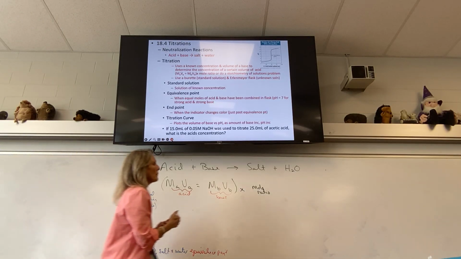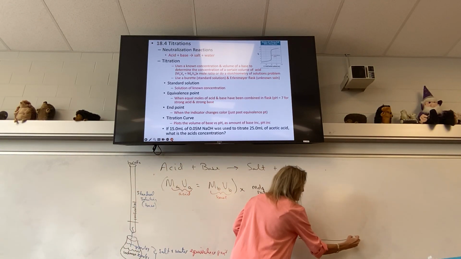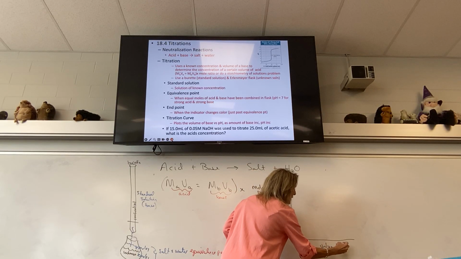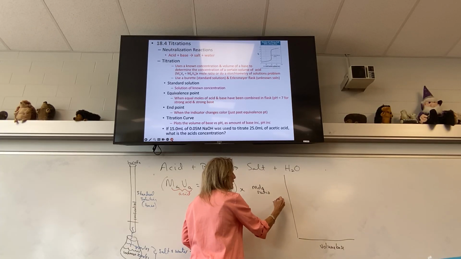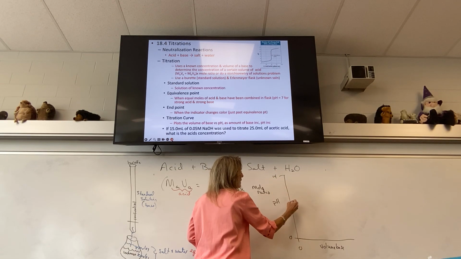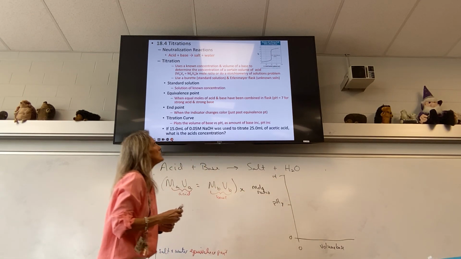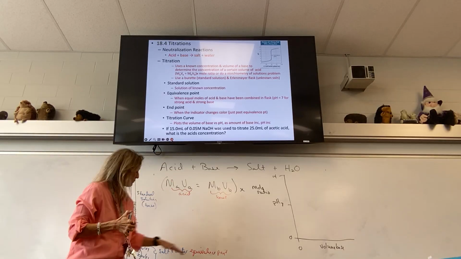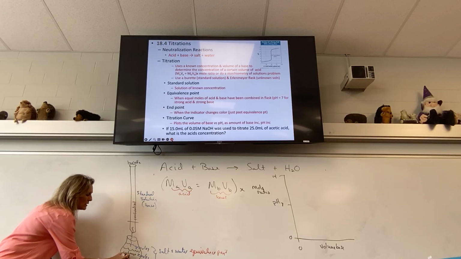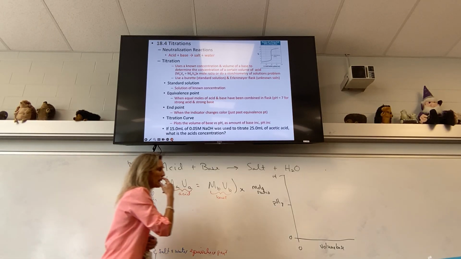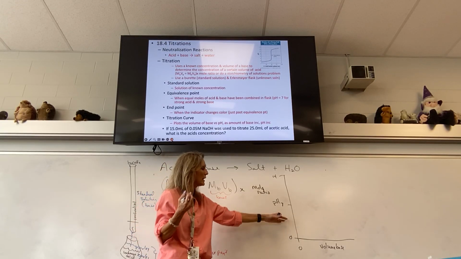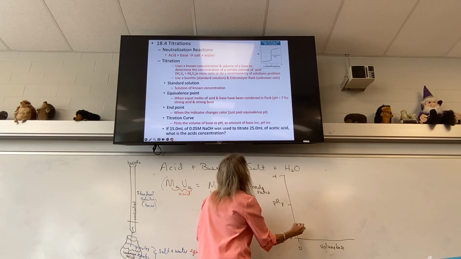So what you're seeing here is we have the volume of base, and then we have our pH. So what this is showing here is before we've added any base, when we have just acid, so this is acid only, we have a pH somewhere down here below 7, because again, we said the other day that acids have a pH less than 7, so what's it show?